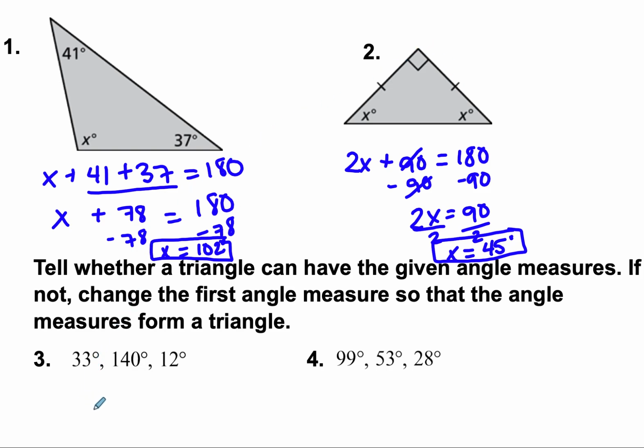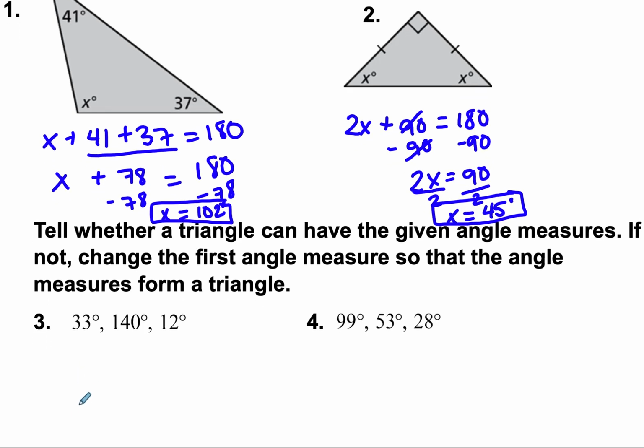All right, and then for 3 and 4, it says tell whether a triangle can have the given angle measures, and if not, change the first angle measure so the angle measures form a triangle. Okay, so I'm starting by just writing down my addition problem. I'm going to add my numbers together. 33 plus 140 plus 12 gives us 185.